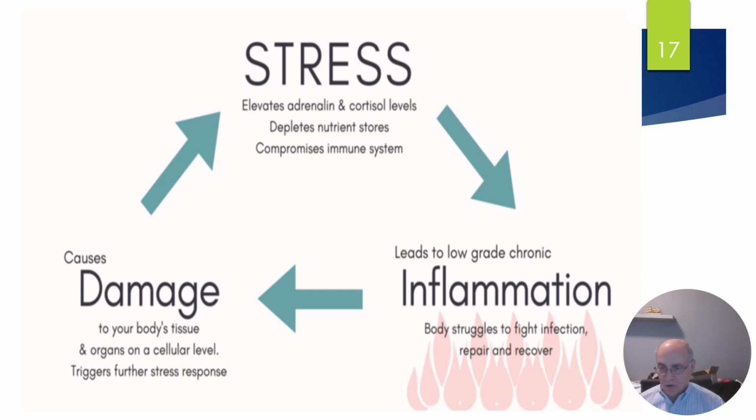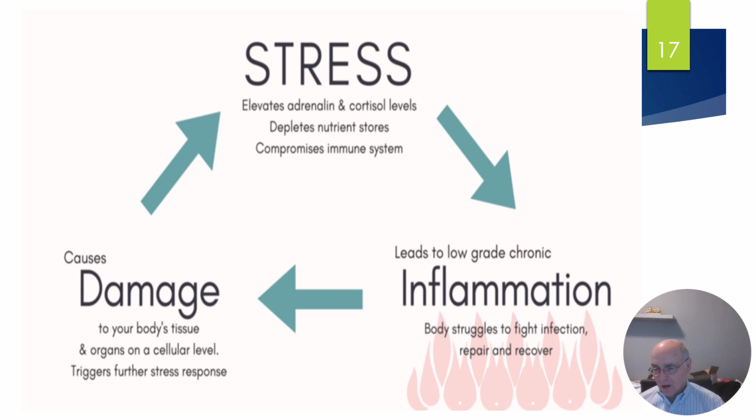So if you looked at a chart and you looked at an acute inflammatory response, certain biomarkers, especially IL-6 and hs-CRP, high sensitivity C reactive protein, in an acute flare-up are elevated and then come down to baseline. In a chronic inflammatory situation, high sensitivity C reactive protein and IL-6, which is a very, very pro-inflammatory interleukin, stays high.